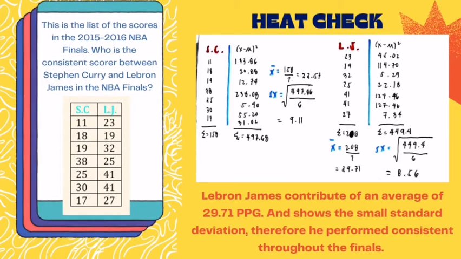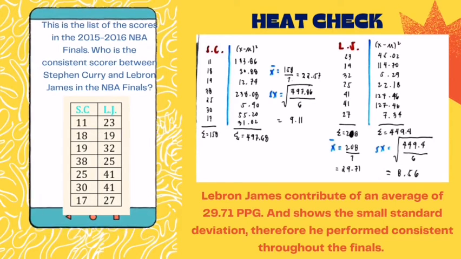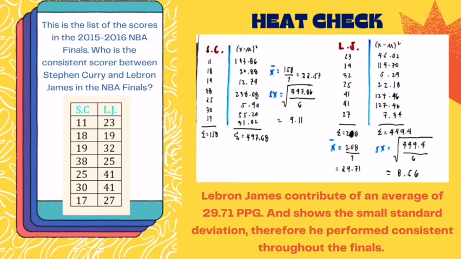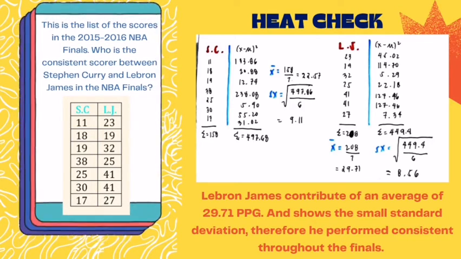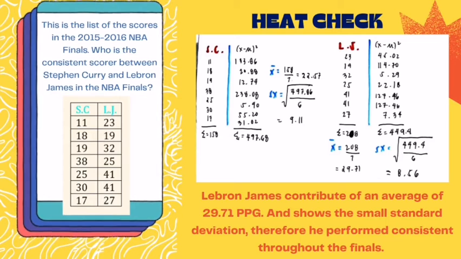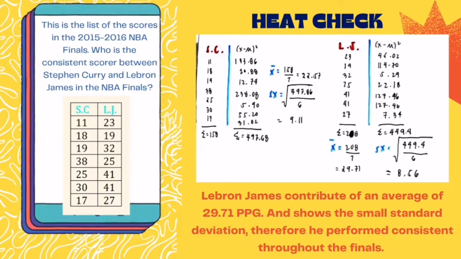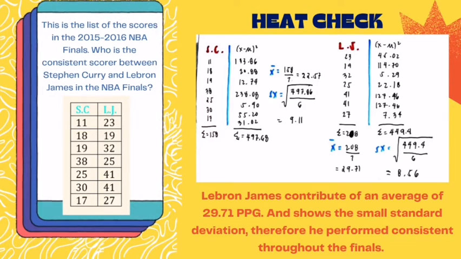Curry contributed a total of 158 points, and if we divide it by 7, the result is 22.57, and that will be the mean. The summation of x minus mu squared is equal to 497.68, and the square root of 497.68 over 6 is equal to 9.11, and that will be Curry's standard deviation.